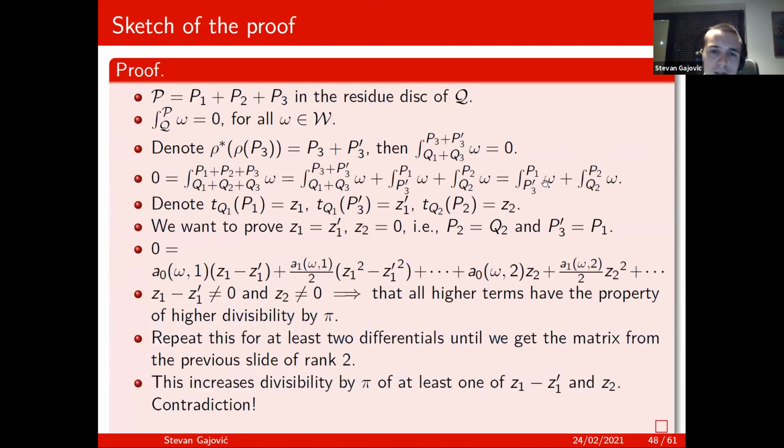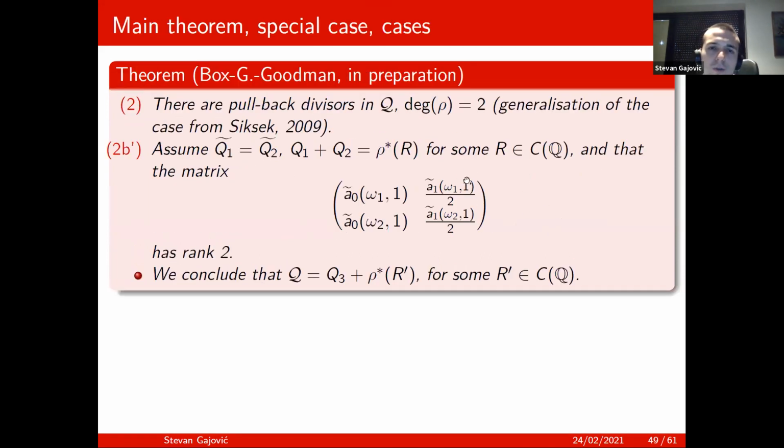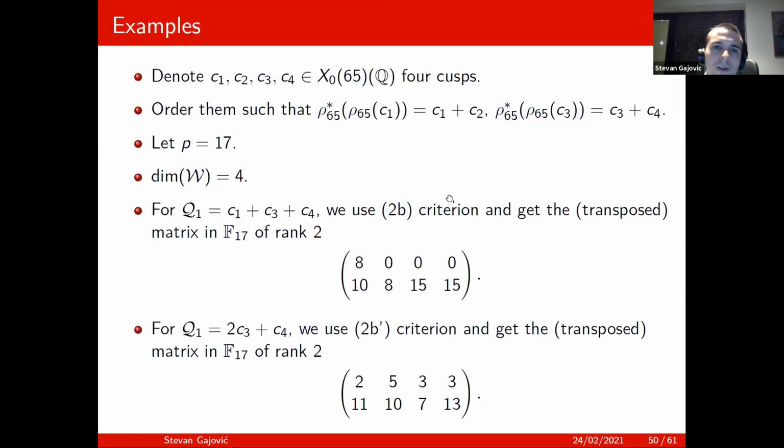Well, we have distinct cases. I will skip the proof. So there are some distinctions, but for example, if we specify a point, we compute the matrices and conclude that the matrices have rank 2, and then we obtain that all points here are of the same shape.